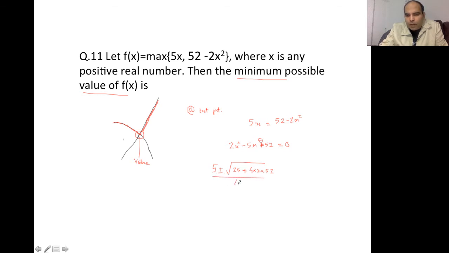So we have to find the value of the intersection point, and that is 5 plus minus under root 441, divided by 4.